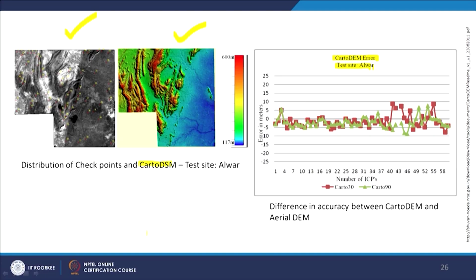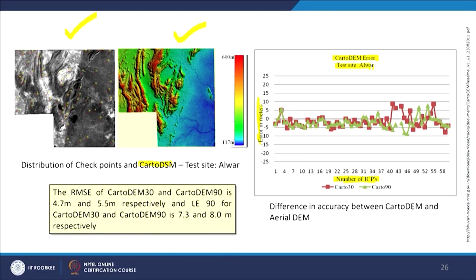You can see the number of GCPs or ICPs there, and you can keep checking the errors in meters. So there are various ways to represent how errors vary in a digital elevation model, and of course RMSE will give you the overall picture, but not the spatially varying errors present in a digital elevation model.